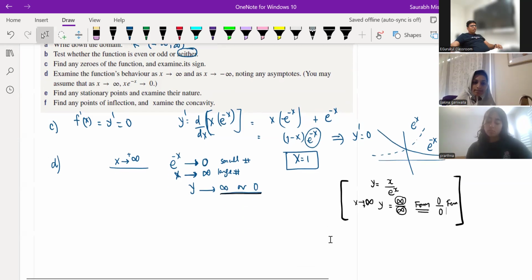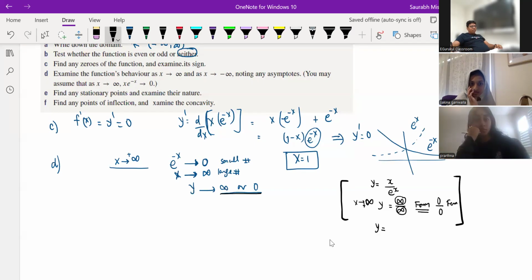So now, what is the idea? I'm telling you a method which is not taught in Australia, but it is quite useful. What do you do if you have y is equal to u over v?